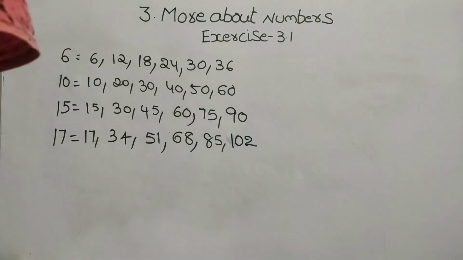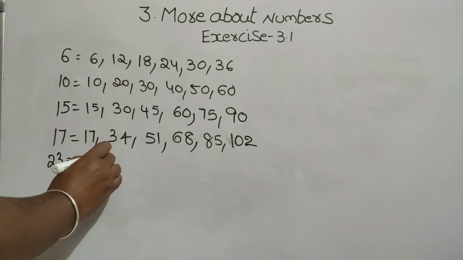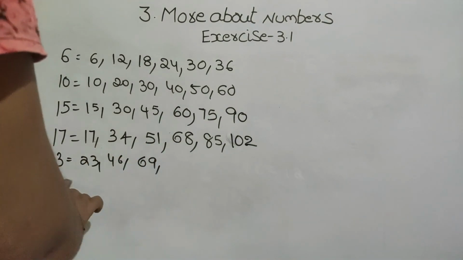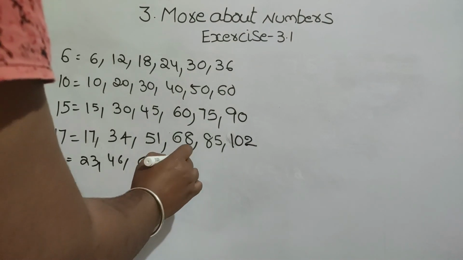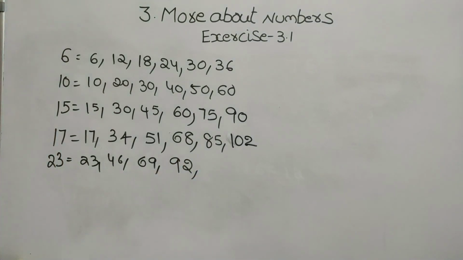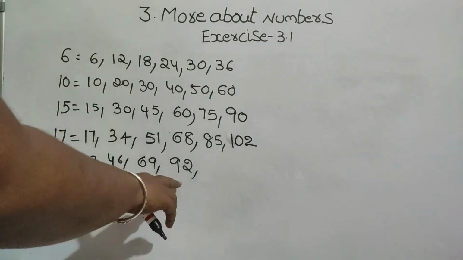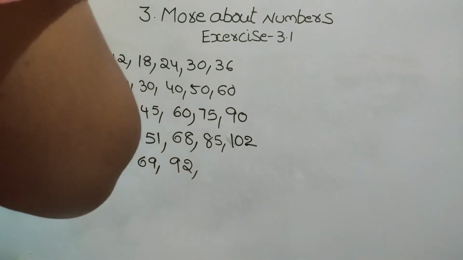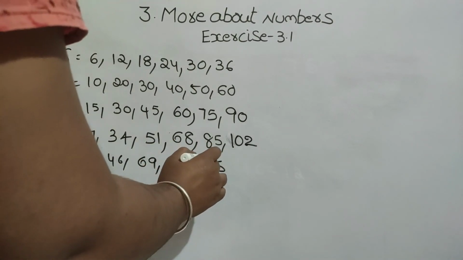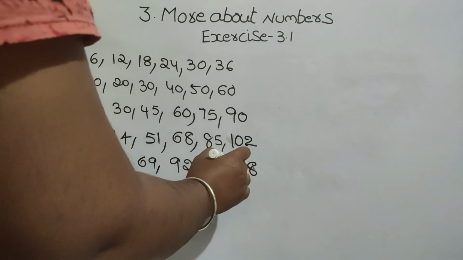Next, 23. 23, 46, 69, 92, and 5 3s are 15, 5 2s are 10 plus 1, 11, 6 3s are 18, 6 2s are 12 plus 1, 13.